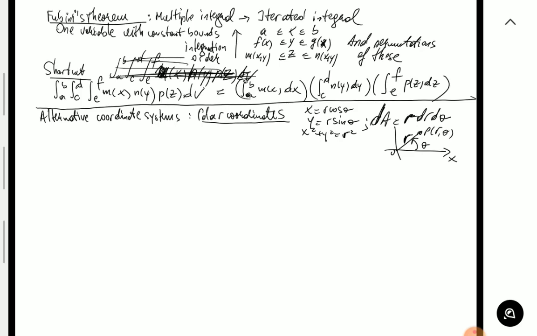For the triple integral, we also have spherical coordinates.